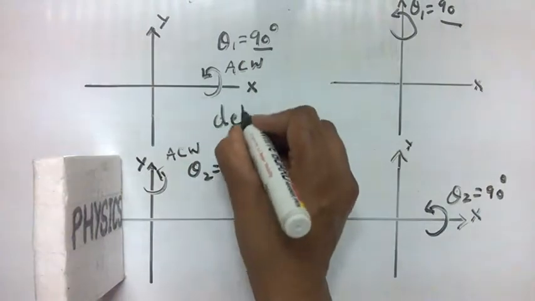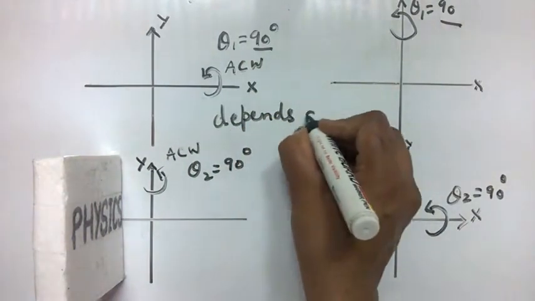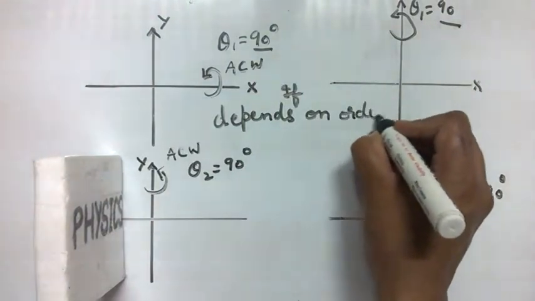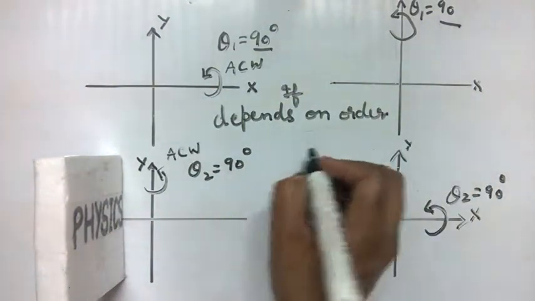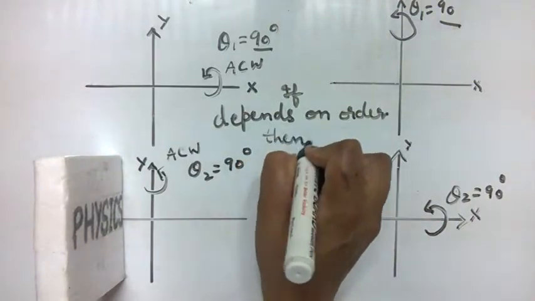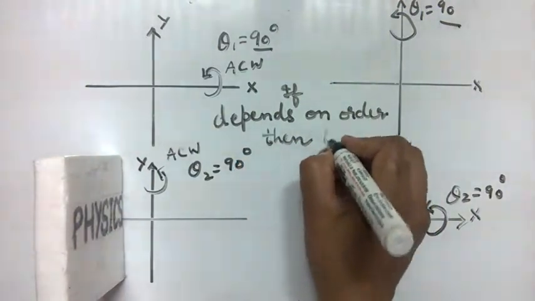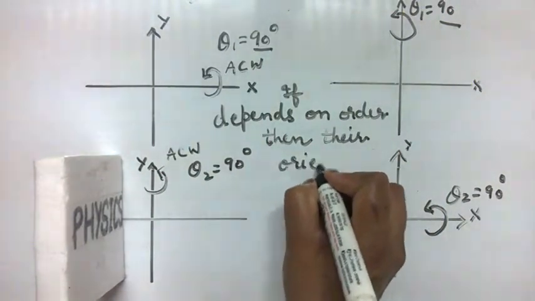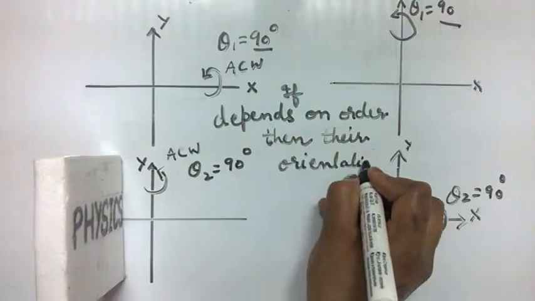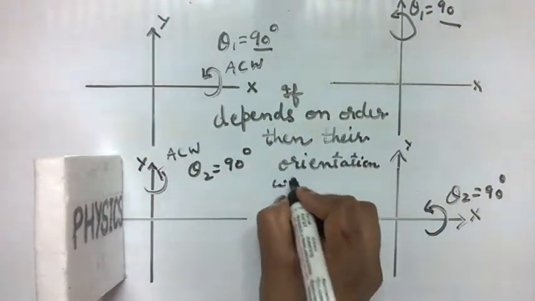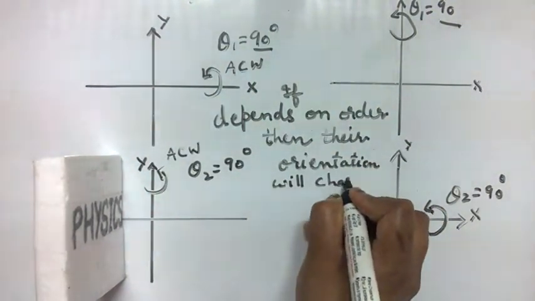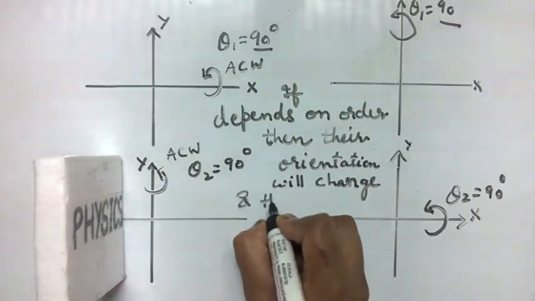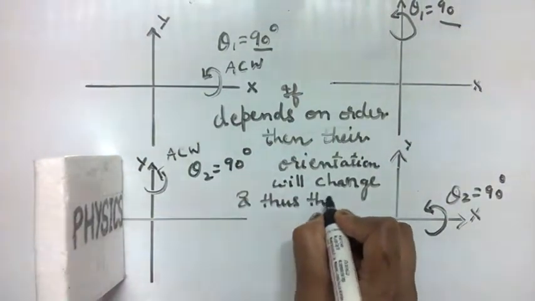If it depends on order, then their orientation will change, and thus they cannot be vectors.